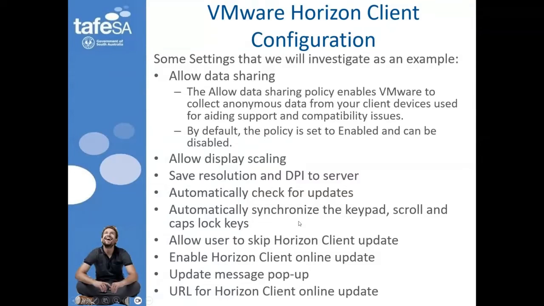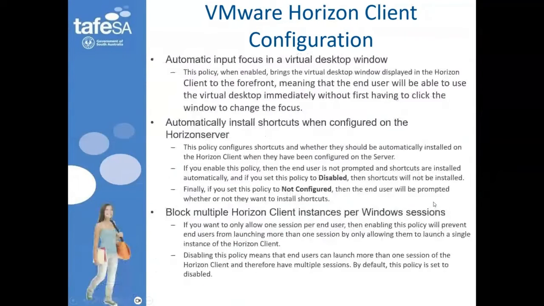I'm literally talking about the keyboard: the scroll lock, caps lock, and num lock, all those kinds of things. It's a little bit annoying when you switch from the real device to a virtual desktop. If you had caps lock or num lock on, this makes it match up, okay? It's something little, but it's sometimes annoying if it's not.